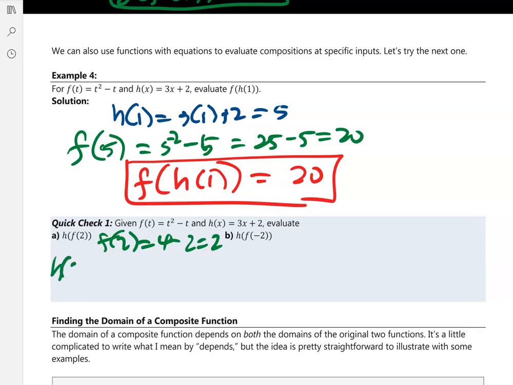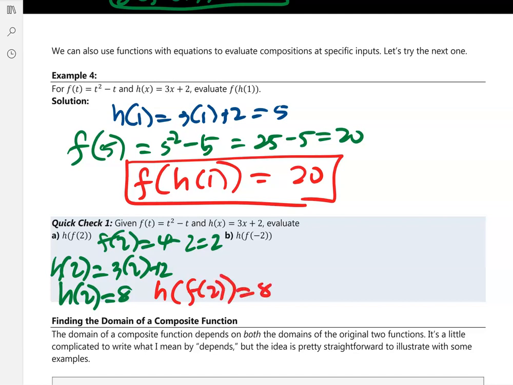And then h of 2 is 3 times 2 plus 2. So h of 2 is 6 plus 2 is equal to 8. So again, h of f of 2 is equal to 8.